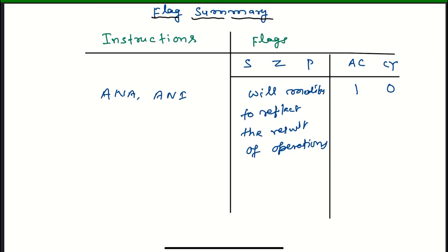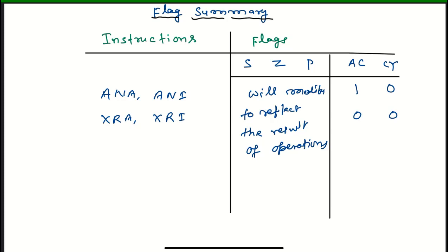Now for the next two, XRA and XRI, which is the logical XOR operation. Here also the sign, zero and parity flags will modify to reflect the result of the operation, but the auxiliary carry and carry flags will always be reset, irrespective of the result obtained after the XOR operation.